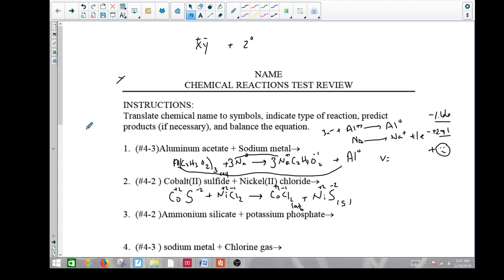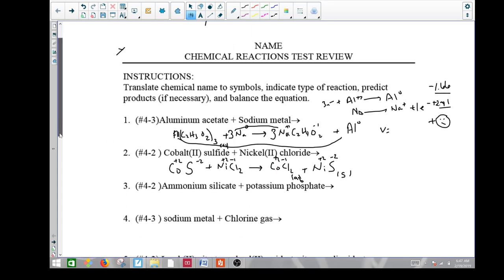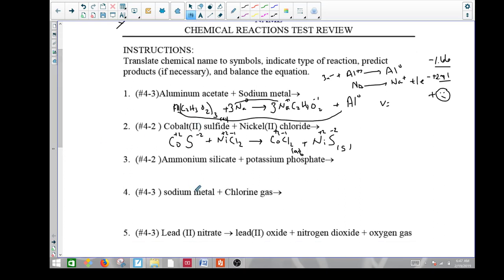Alright, next one, chugging along here. Ammonium silicate, (NH4)2SiO3, and this would be a 2 charge, so we have to have a 2 here, plus potassium phosphate, K3PO4. And again, note this template.